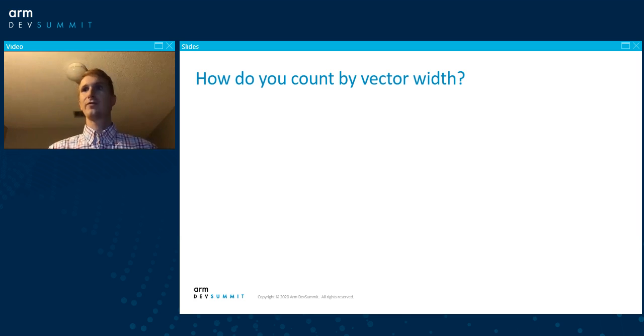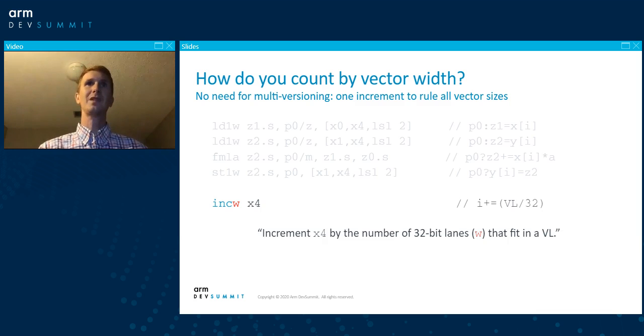Now, let's walk through how you would actually count by the width of your SVE vector in real code. If I don't know how many elements are in my vector, which I don't, and even if I know the hardware vector bit width, I should ignore that because I'm using vector length agnostic programming. You have to assume that you don't know the width of the vector.